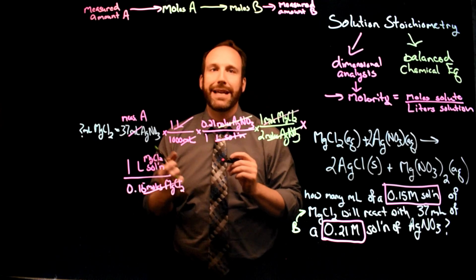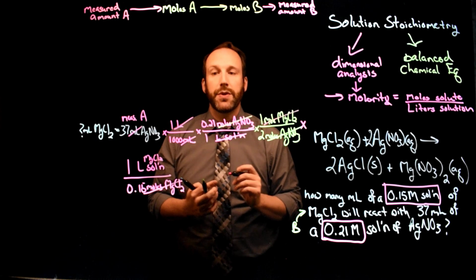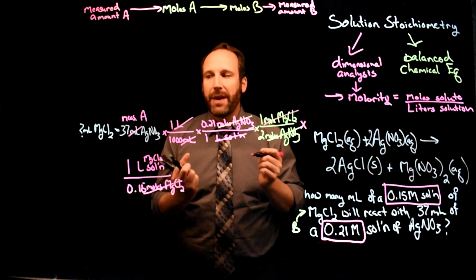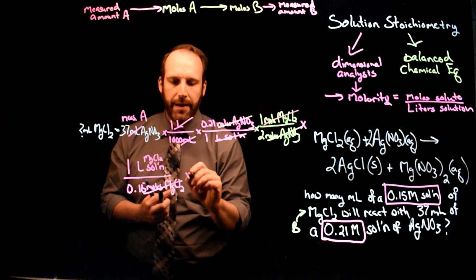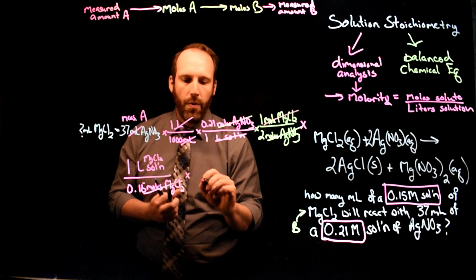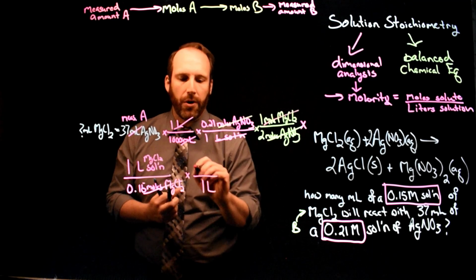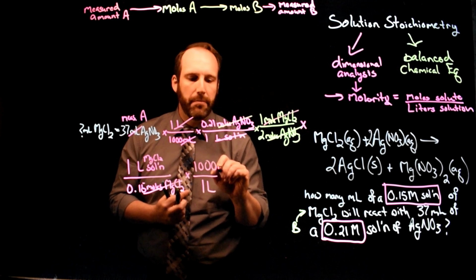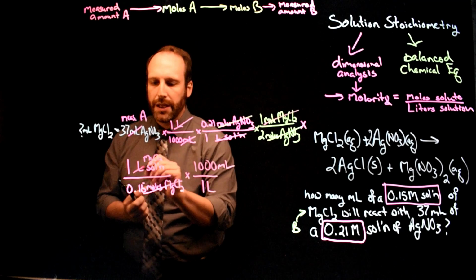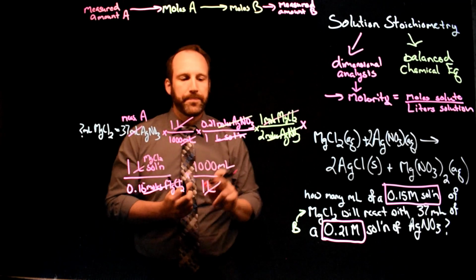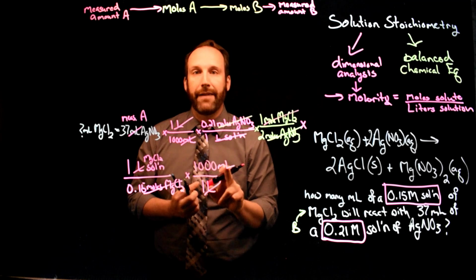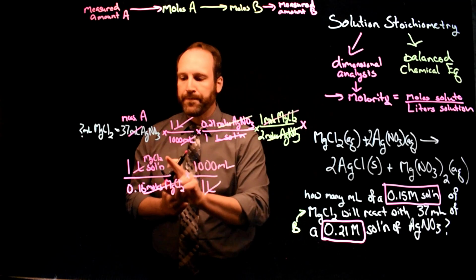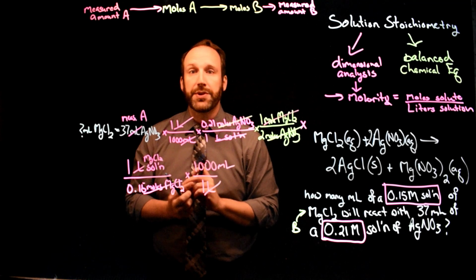I was looking for milliliters of MgCl2 solution. So I could do just a little bit more dimensional analysis, right? And say that in 1 liter, there are 1,000 milliliters, okay? So liters and liters cancel. And the only unit that I have left is milliliters of MgCl2 solution.